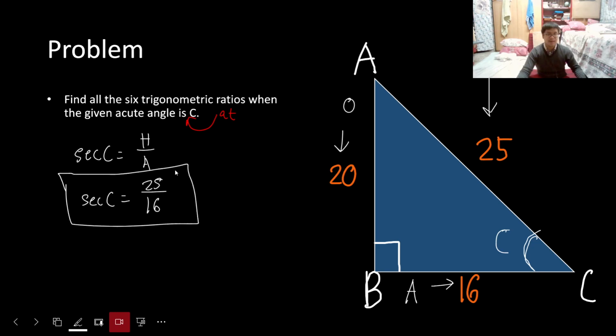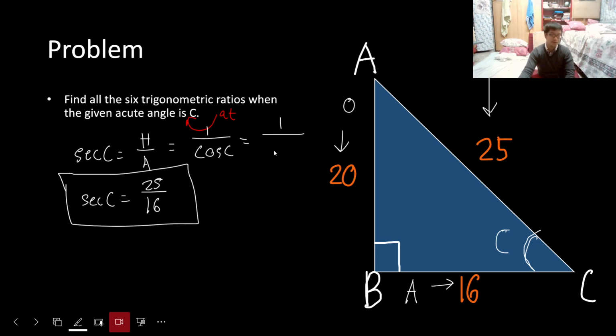Or, I told you that we can answer this trigonometric function by its reciprocal. Remember that secant is the reciprocal of cosine. So we will have 1 all over cosine C. What is our cosine C before?